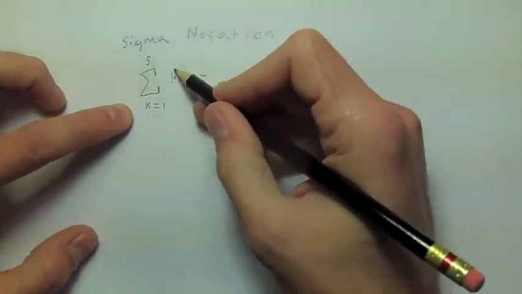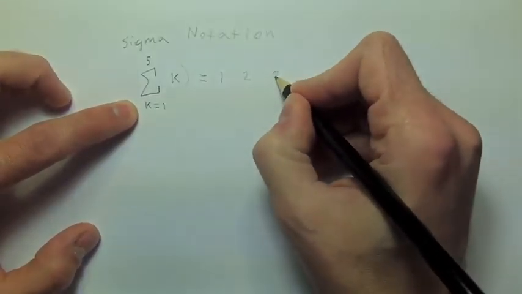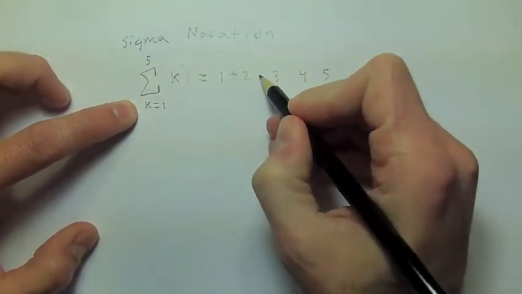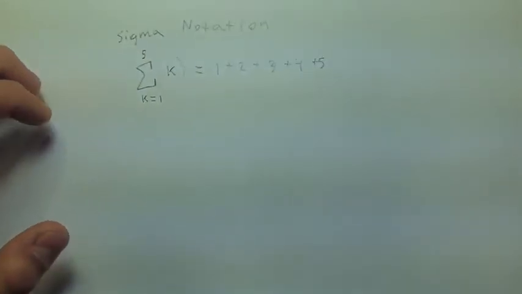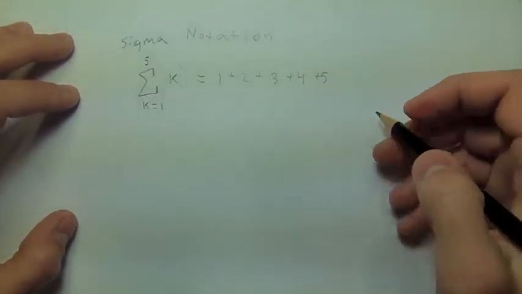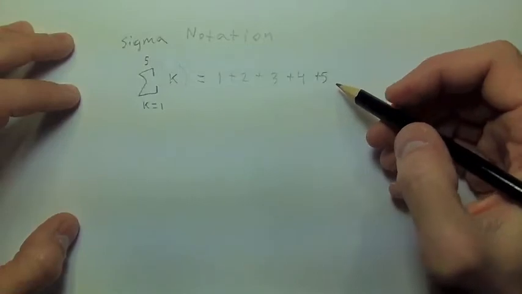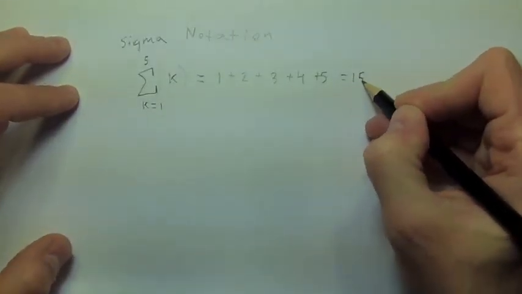So k going from 1 to 5 would be 1, 2, 3, 4, 5, but the sigma notation tells me I'm just going to put a plus sign between everything. So that would be that added up, and if you were to do that, I believe you get 15. That doesn't really matter.